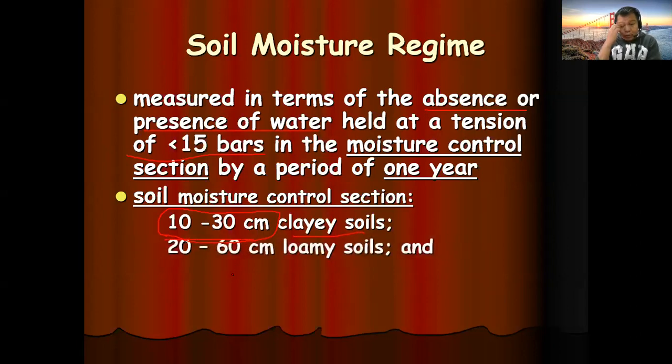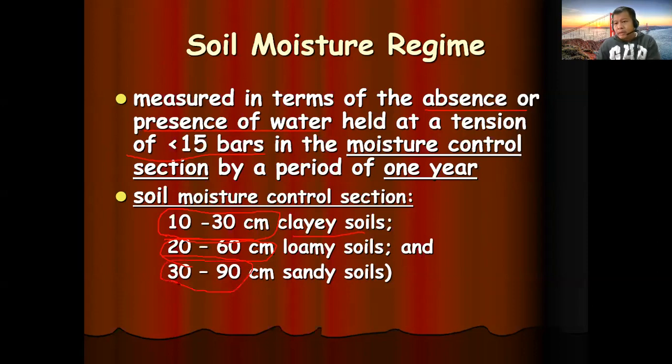What about in loamy soils? So the control section for soil moisture regime for loamy soils is within 20 to 60 centimeters depth. Okay, for loamy soils. And for sandy soils, we are to consider a depth of control section for moisture regime from 30 to 90 centimeters.